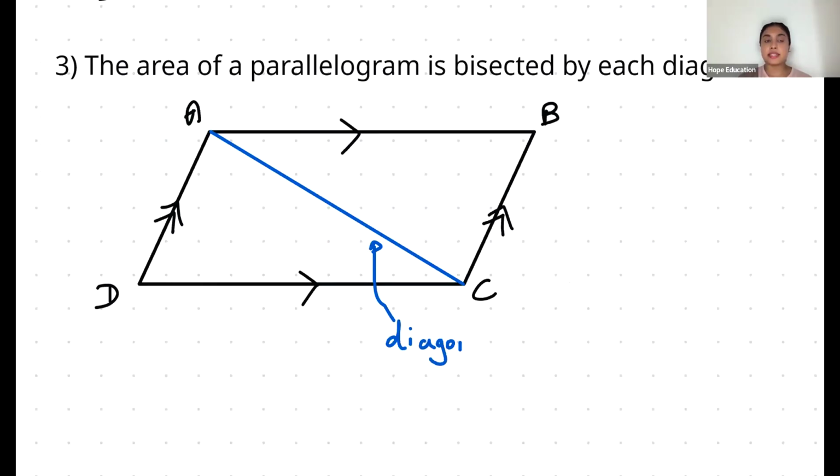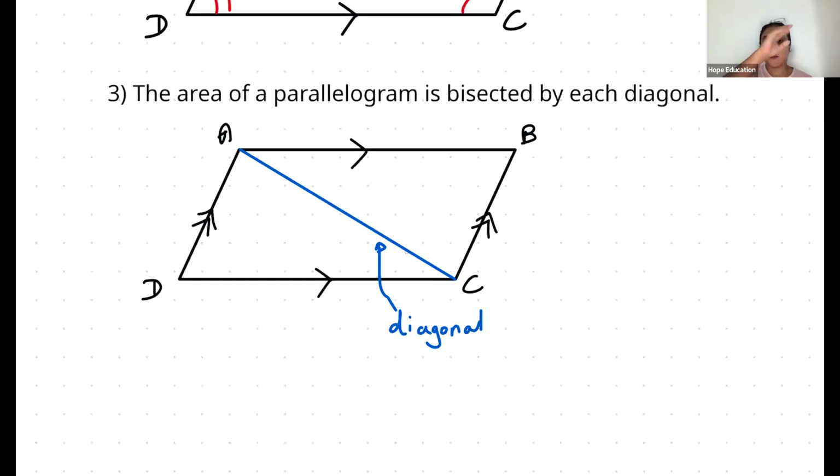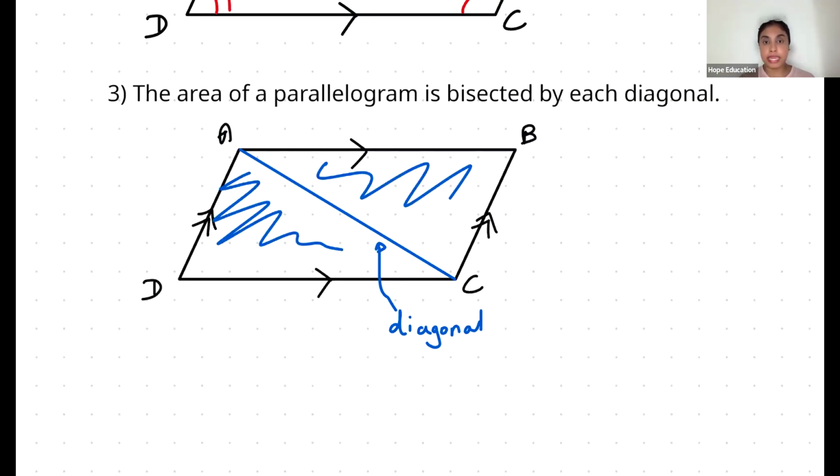So what this means is the area of a parallelogram is bisected by each diagonal. If you take the total area of the parallelogram, that area is divided into two equal parts by this diagonal. This is one part and this is another part, right? So those two areas should be equal.